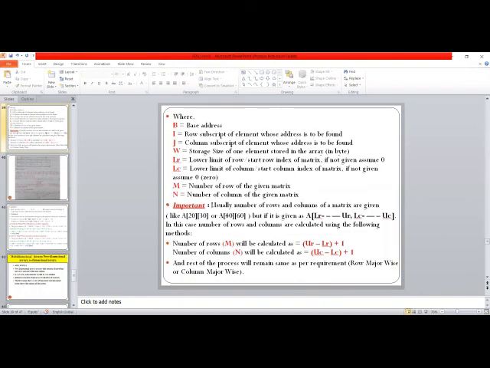Now we will come here. Usually the number of rows and number of columns of a matrix are given in the problem itself, like A of, let us say, row size is 20 and column size is 30, or row size is 2 and column size is 4. Likewise, it is given in the problem itself.